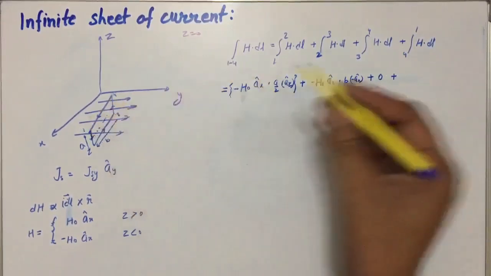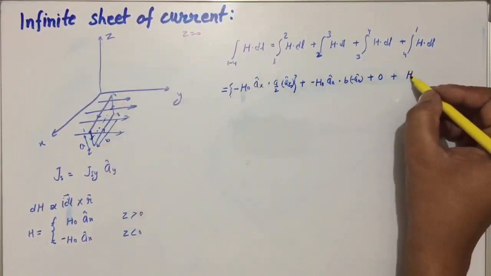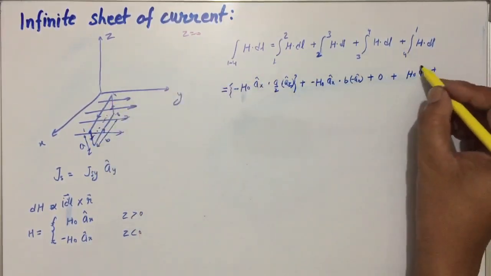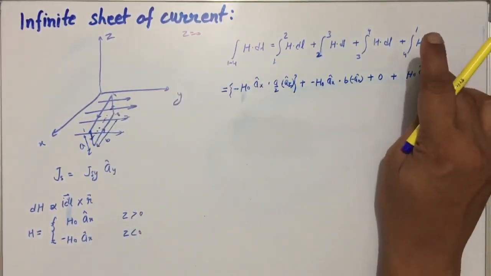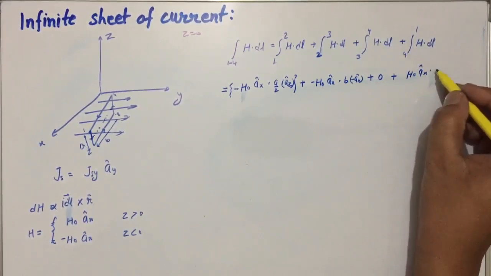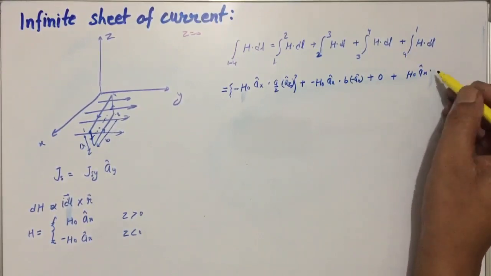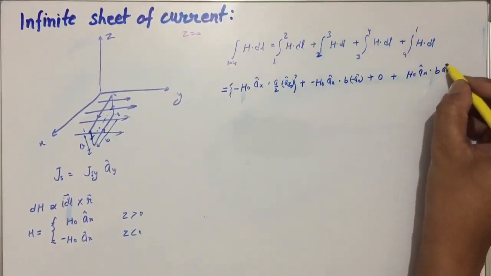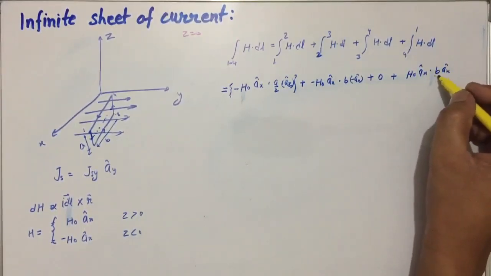For this region, H is in the direction of ax and dl will be in the direction of full length. It will be b in the direction of ax. This is the integration b.